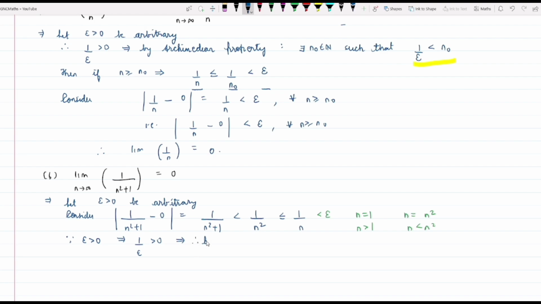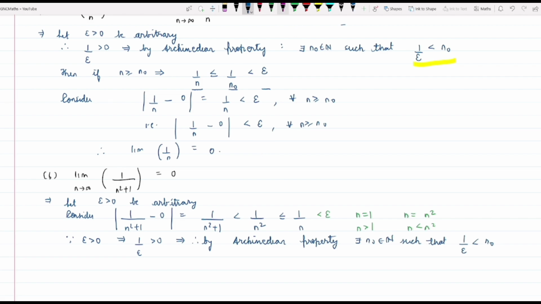So therefore, by the Archimedean property, there exists a natural number n naught such that 1 upon epsilon is lesser than n naught.